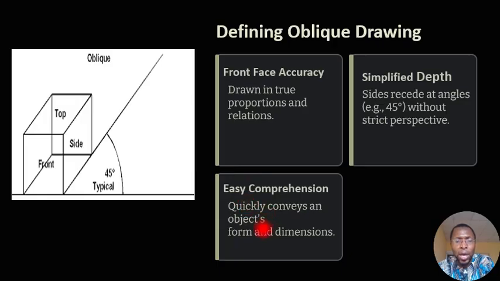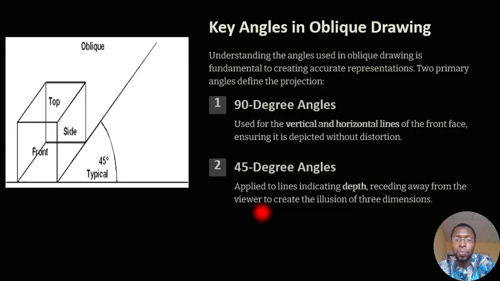Okay, it gives quick information of the object that is being drawn. That is what oblique drawing is about: a technique that involves drawing the front face of an object in its true proportion and also drawing its side part receding at an angle of 45 degrees.